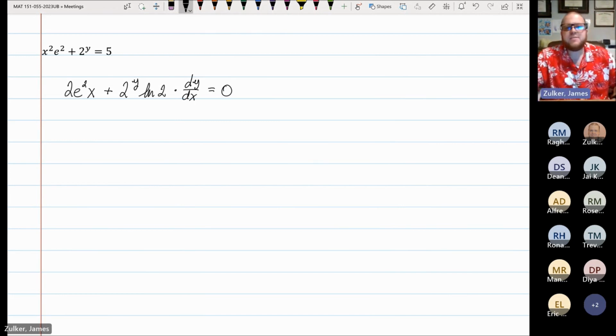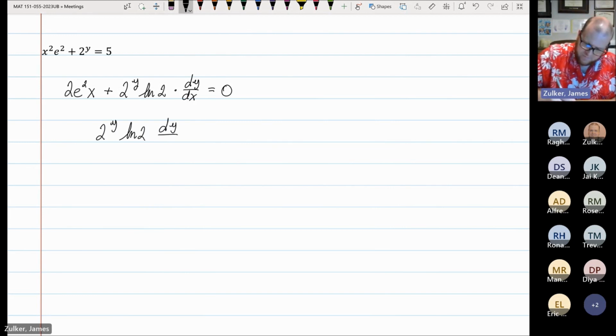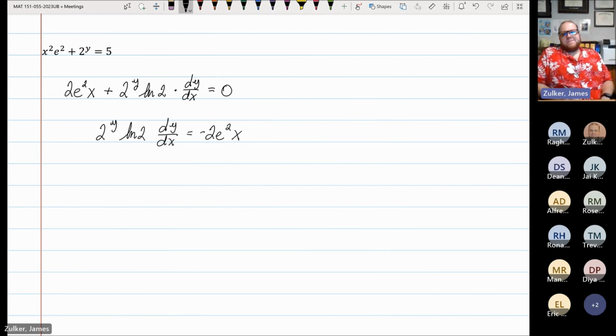And then derivative of 5 is 0. Isolate the dy dx terms on one side.